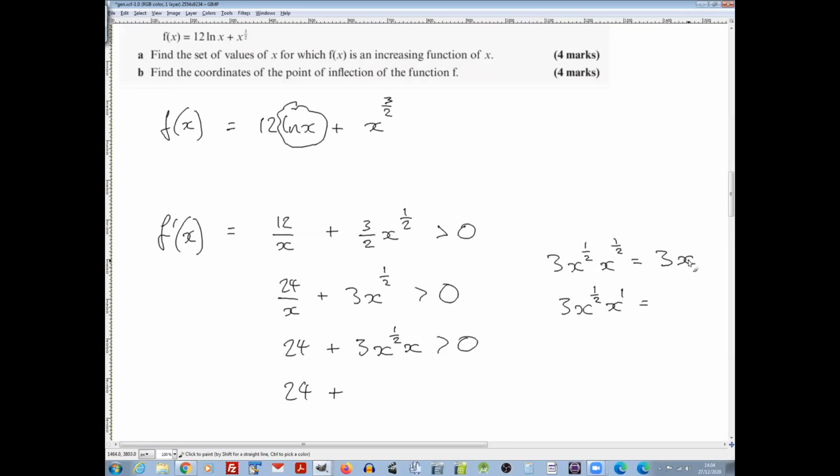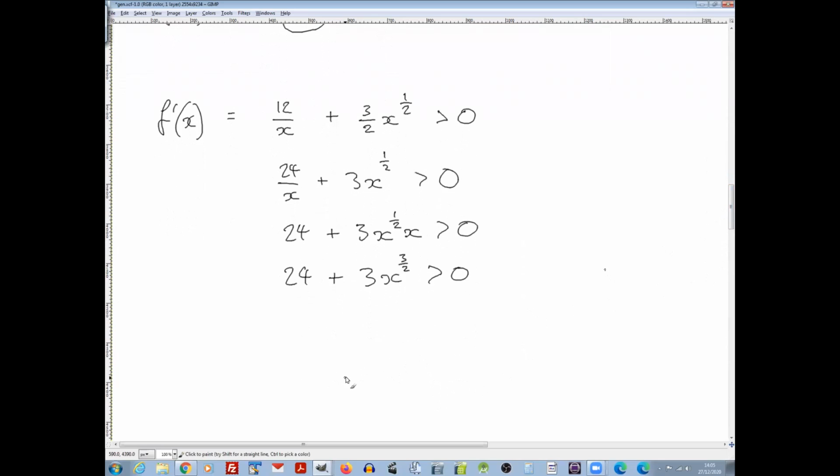Why was this 3 times x to the power of 1? Because you add the powers. Yeah. So it's 3x to the 3 over 2. Then you could say 3x to the 3 over 2 is larger than minus 24.